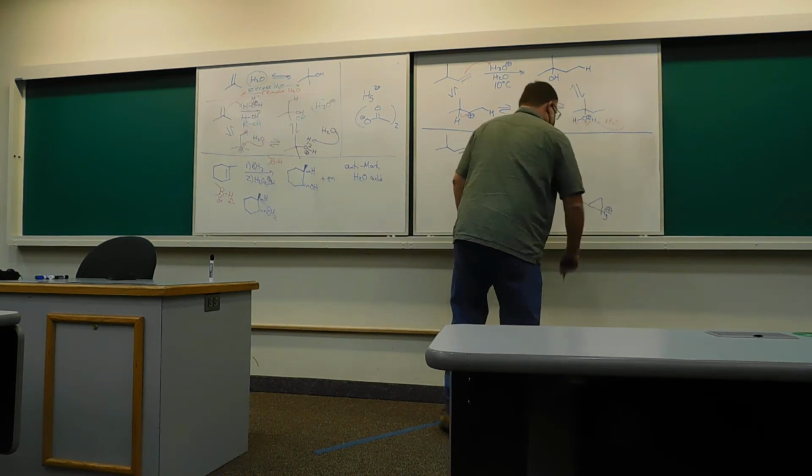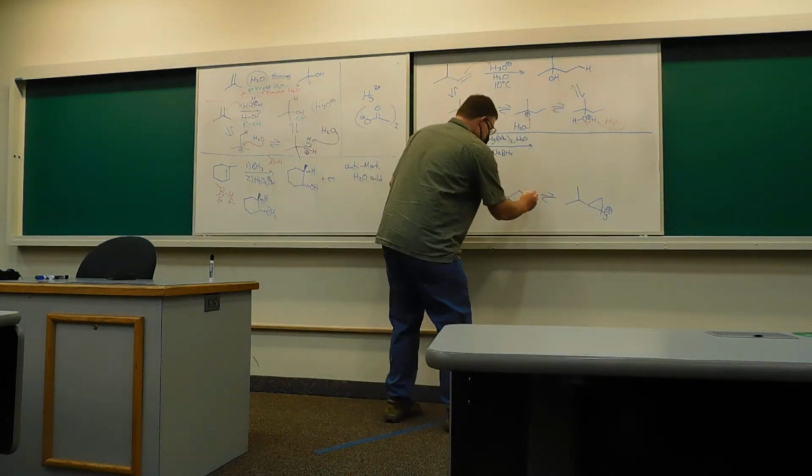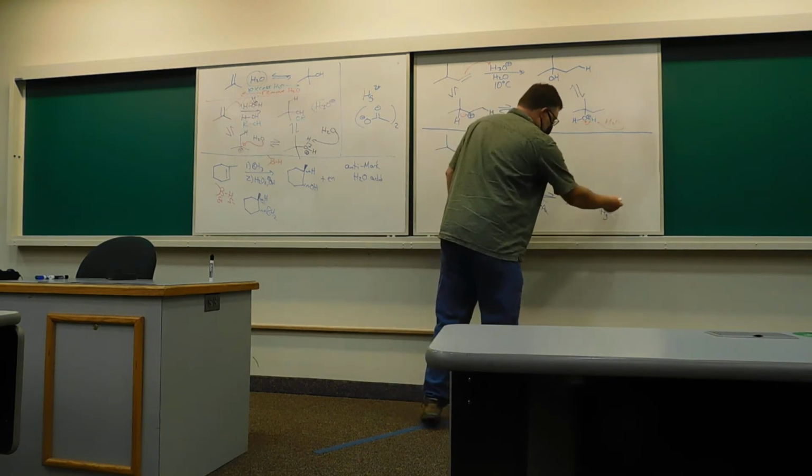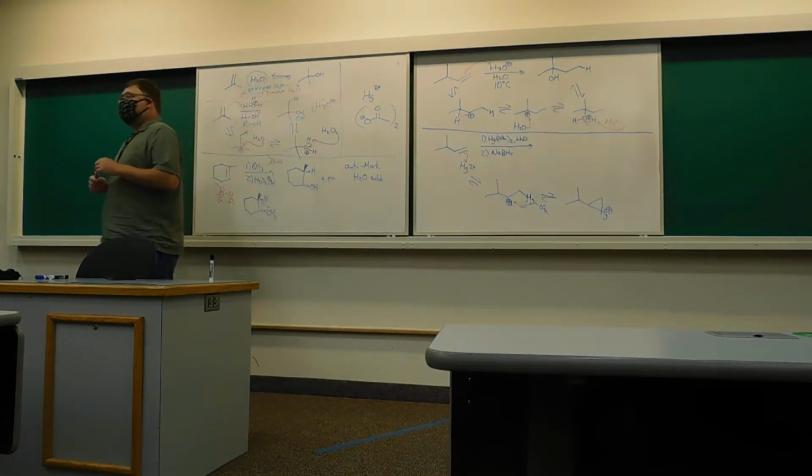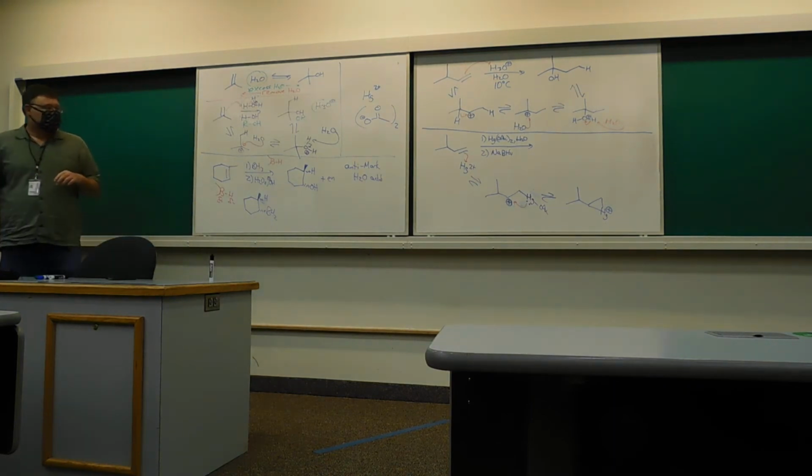This is actually 2+, so this is 1+. There's an OAc attached to it. Never mind. With an acetate, it's 1+ there. The point is that mercury can attach to the secondary carbon and stabilize it.